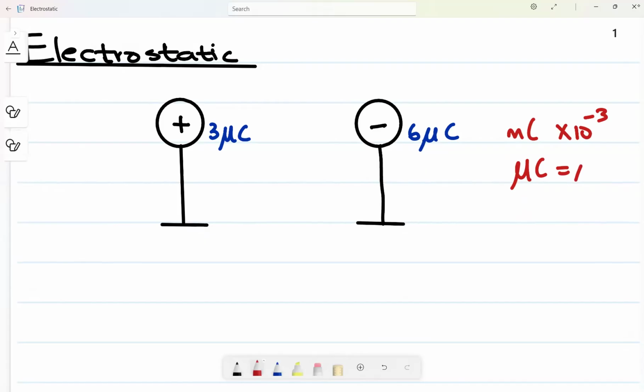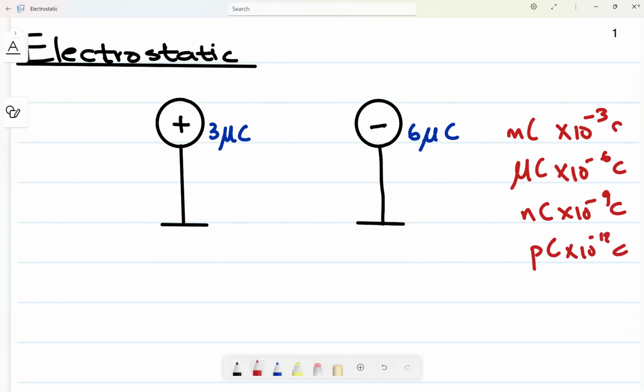So it's going to be times 10 to the power of negative 6. Then milli, micro, nano for 9. The last one, pico, is times 10 to the power of negative 12 coulomb, like that.